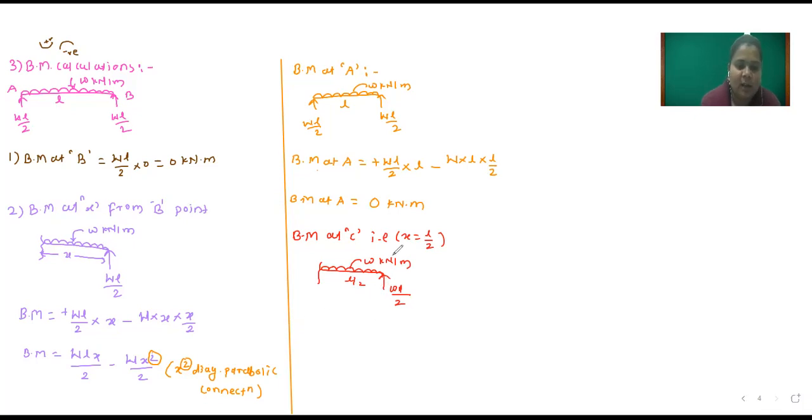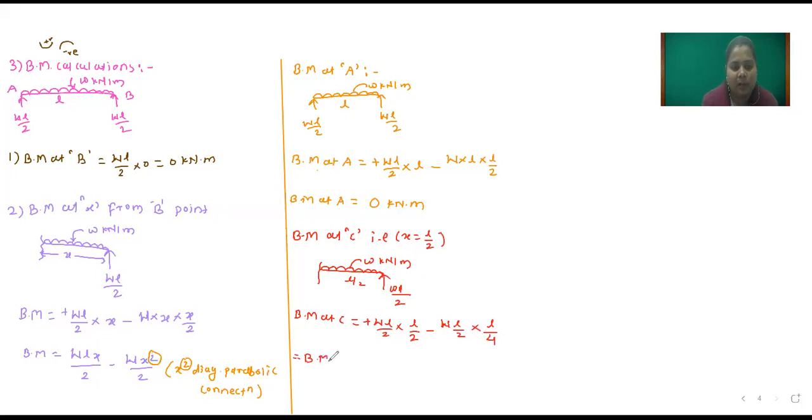So this WL by 2 creates sagging moment. So bending moment at C is equal to plus WL by 2 into perpendicular distance L by 2. And this W creates hogging moment, so minus WL by 2, acting at the center of this L by 2, so L by 4.